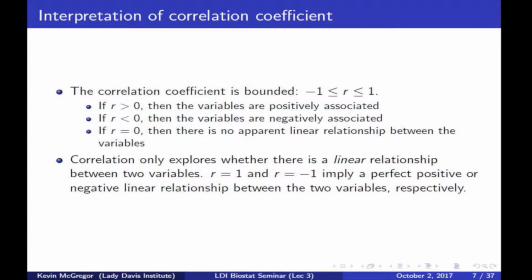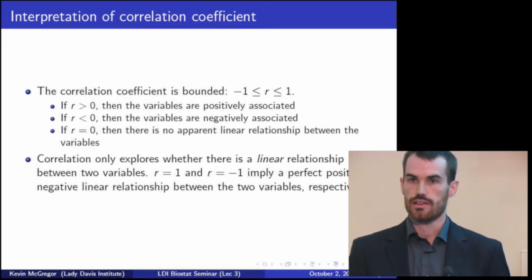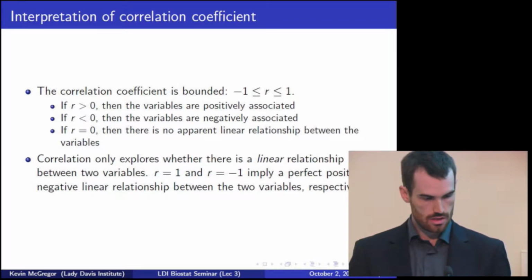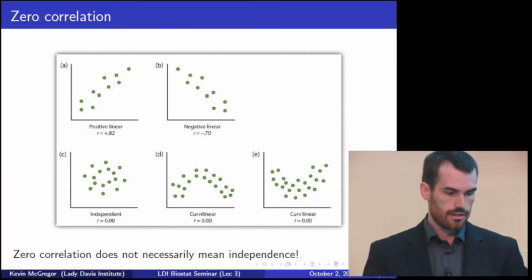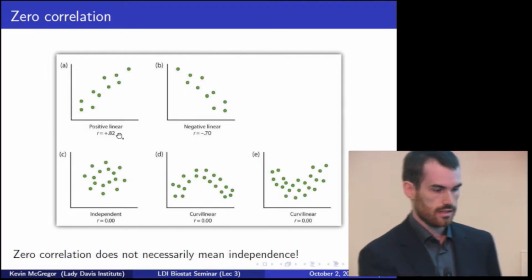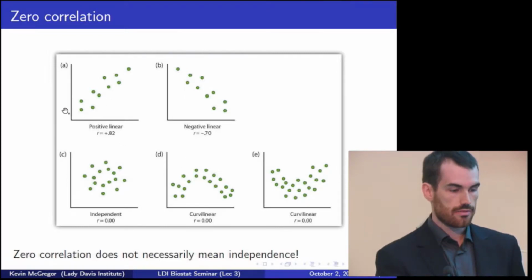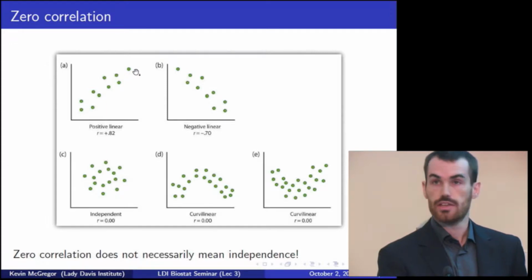So if you imagine R is equal to 1, that would mean that all of your points are going to fall exactly on a straight line. So here's just a kind of visual of what I just explained. So here's the case where we have a positive linear association between x and y.